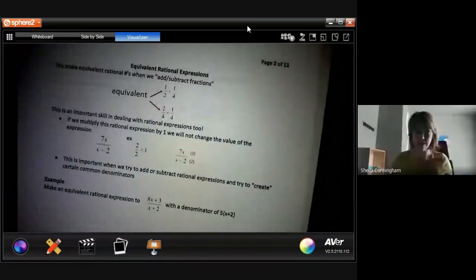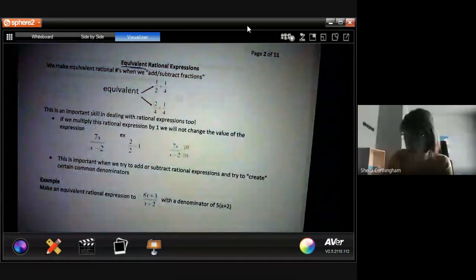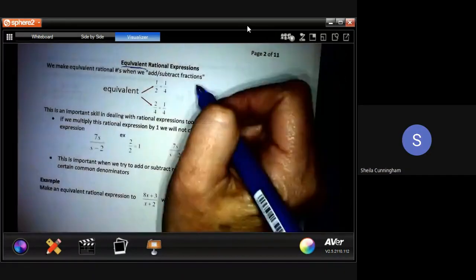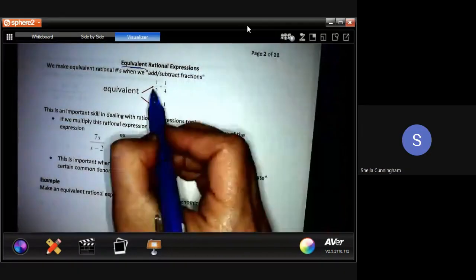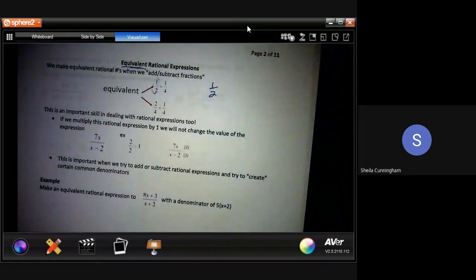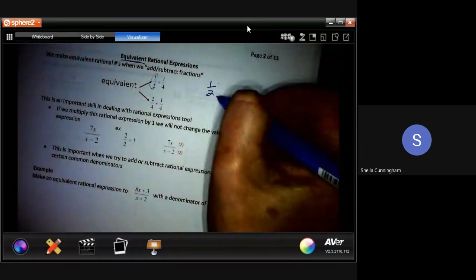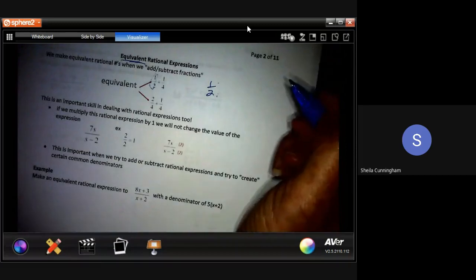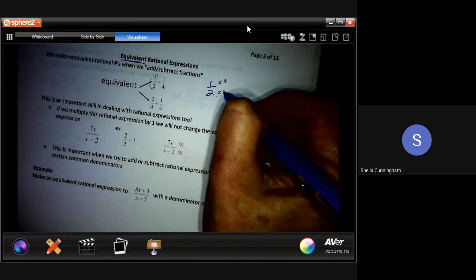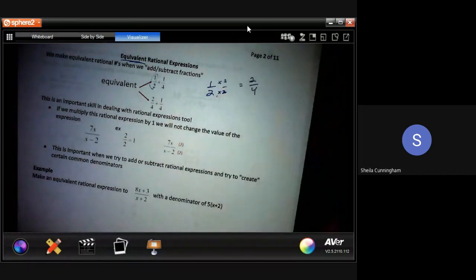So the last piece, then, that I wanted to do today is to talk about equivalent rational expressions. When I think about equivalent rational expressions, it's the whole idea of, hey, I've got a half. If I've got a half, another equivalent rational expression to a half means that I would times my numerator and my denominator by a 1 of some sort, which means if I multiplied top and bottom by 2 over 2, I would get 2 over 4.